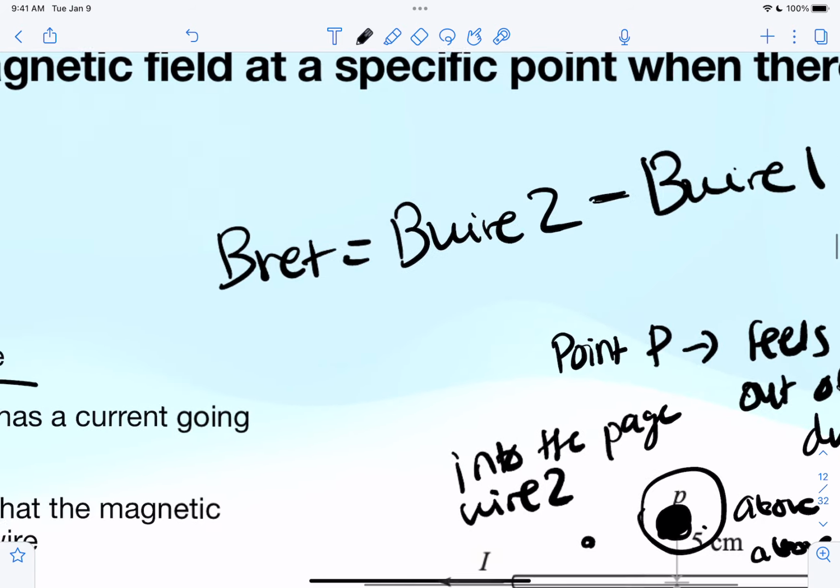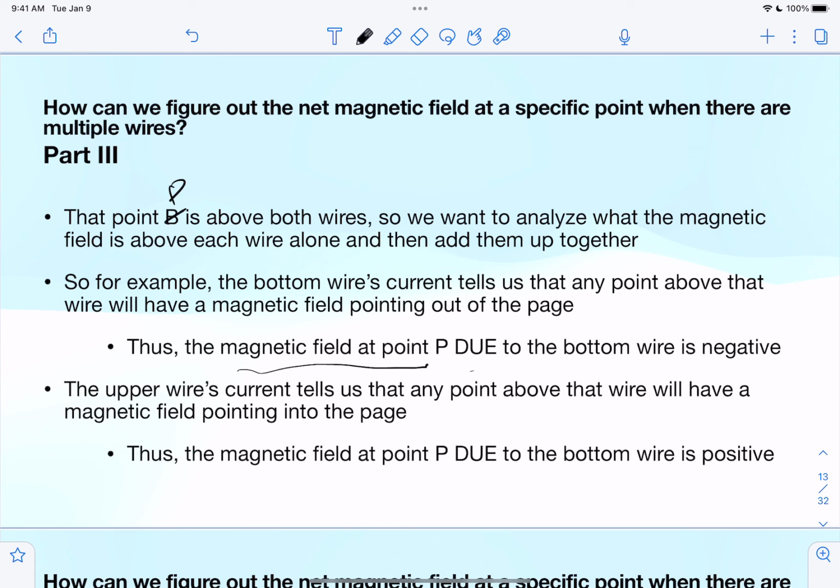So like I said, the bottom wire's current tells us that any point above that wire will have a magnetic field pointing out of the page, right? So the magnetic field at point P due to the bottom wire is negative. The upper wire's current tells us that any point above that wire will have a magnetic field pointing into the page, right? So the top one is going to have a magnetic field pointing into the page for any point above that wire.